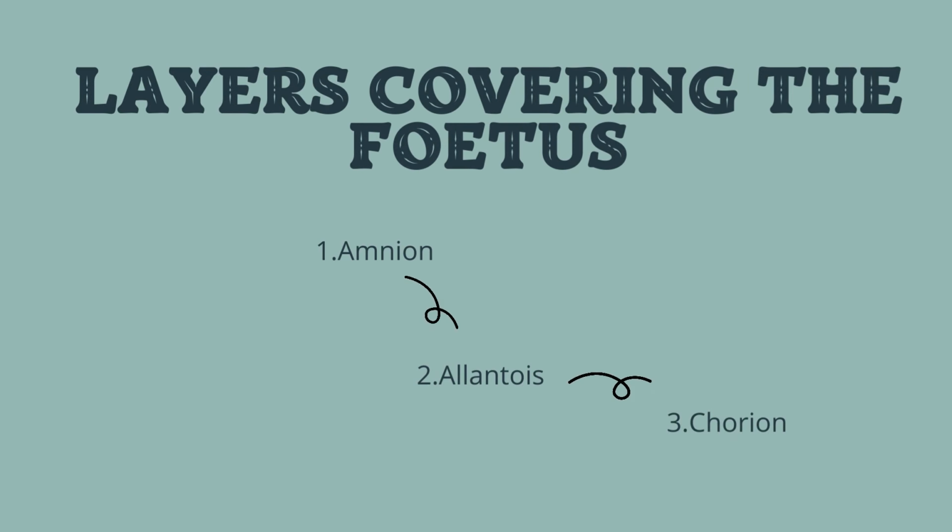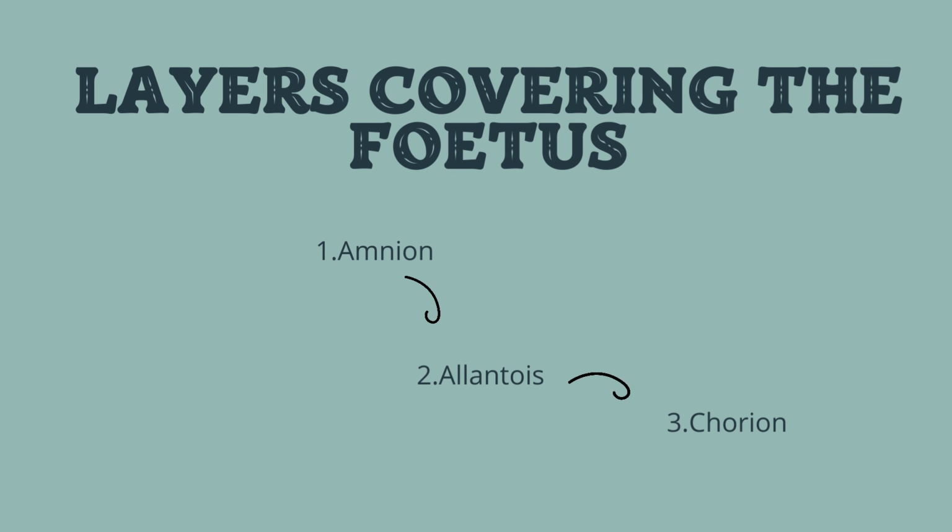Now, what are these membranes? What are these layers? So, the fetus is surrounded by a number of layers or membranes. Now, these are, one, the amnion, which is the inner layer. Now, this forms a fluid-filled sac or the second water bag around the fetus, right?